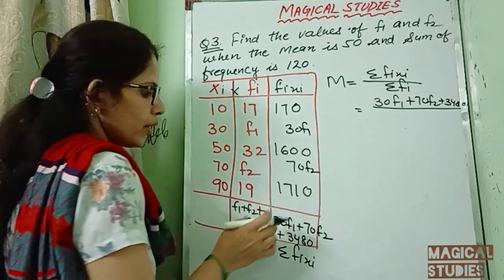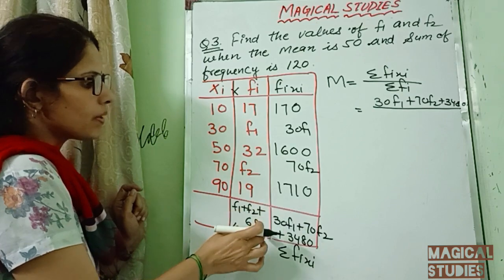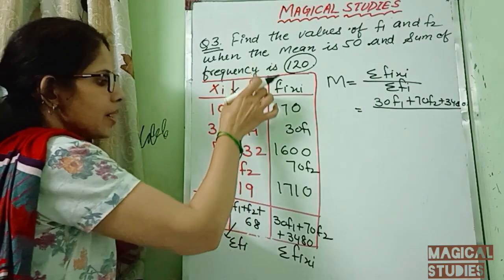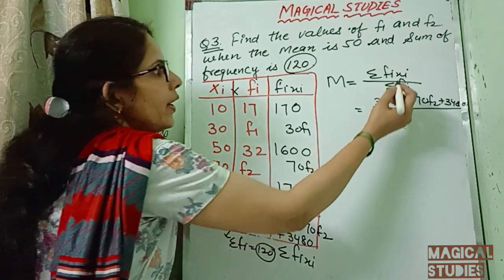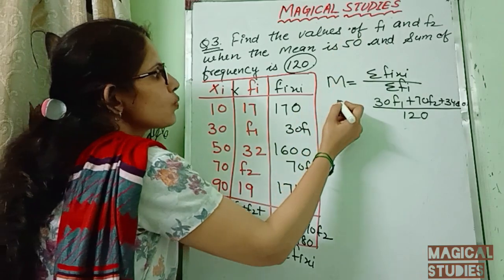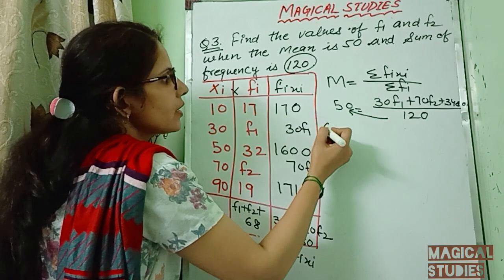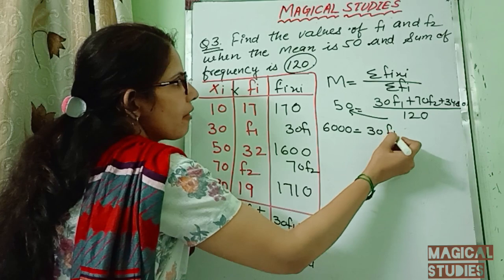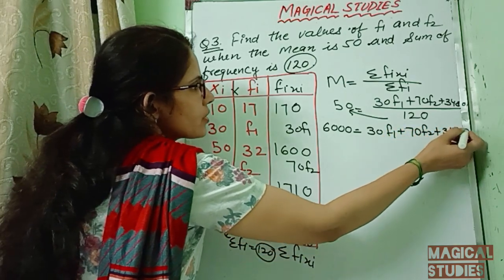One thing is also given here: f1 plus f2 plus 68 is 120, the sum of all the frequencies. Write 120 over here. And the value of mean is 50. Multiply this and we get 6000 is equal to 30f1 plus 70f2 plus 3480.